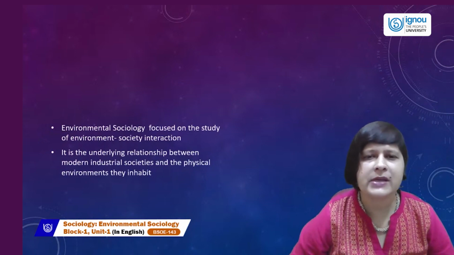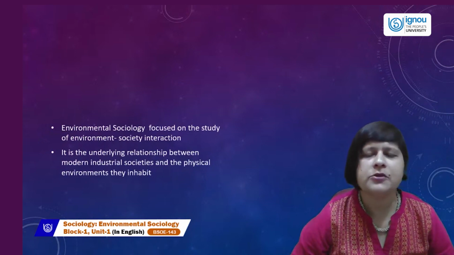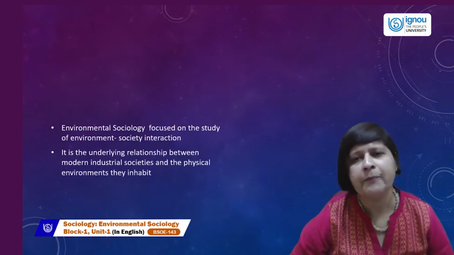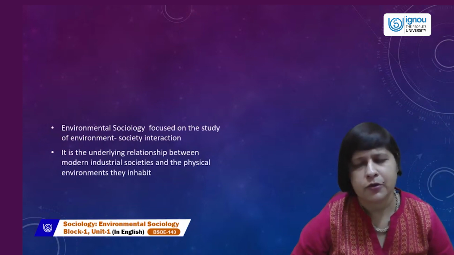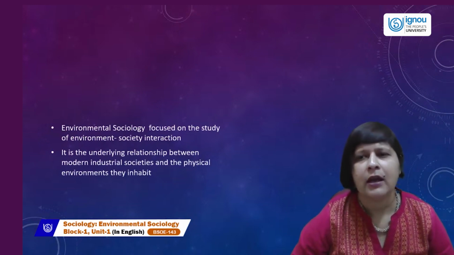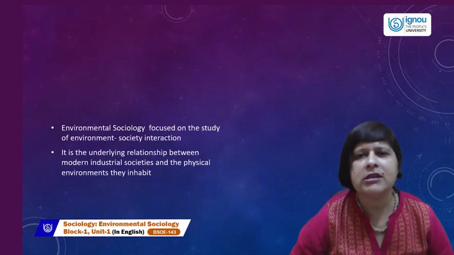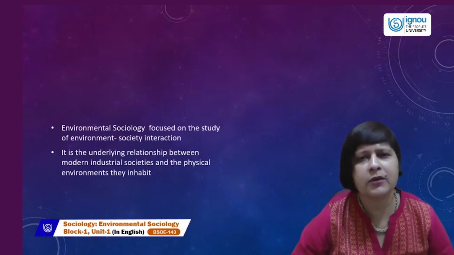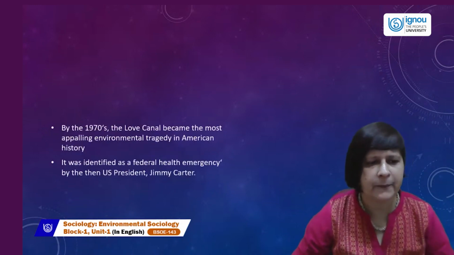So these two terms are different. Environmental sociology is the interaction between society and the environment, and the sociology of environmental issues is about the strategies and techniques to implement about the environment. How can you save your environment, right?